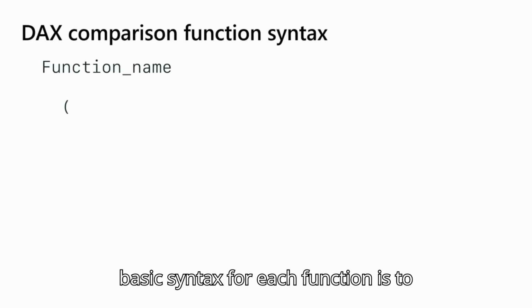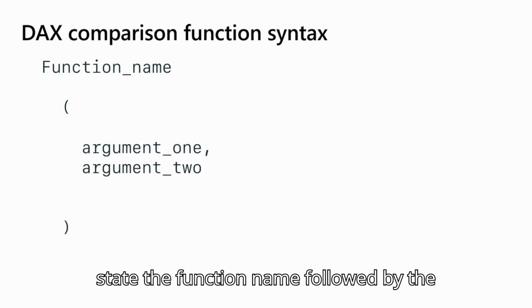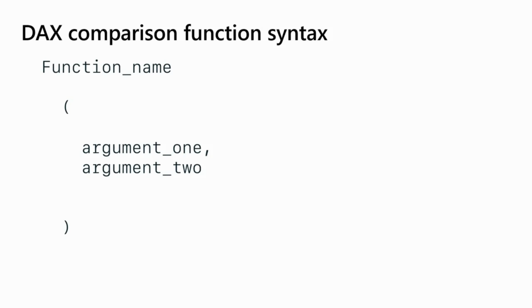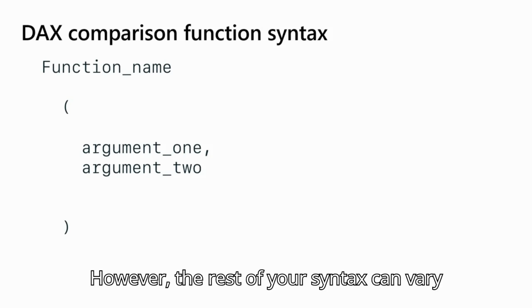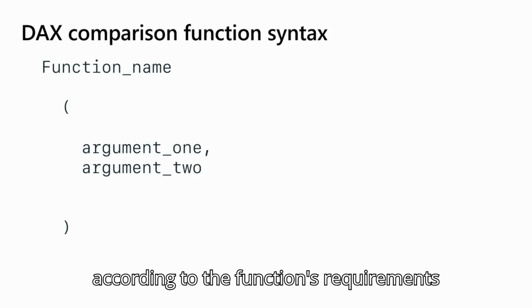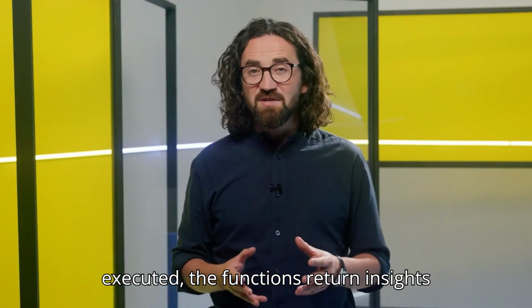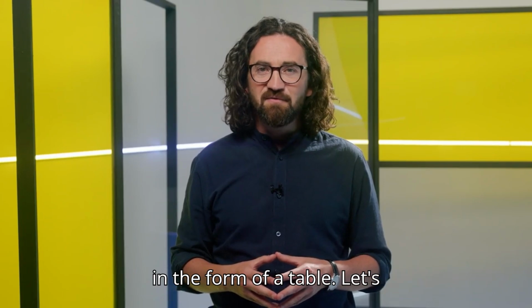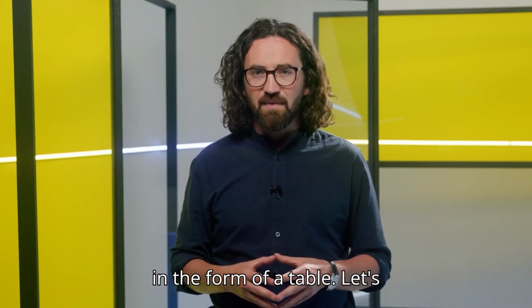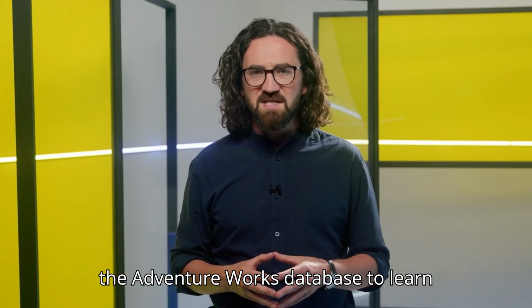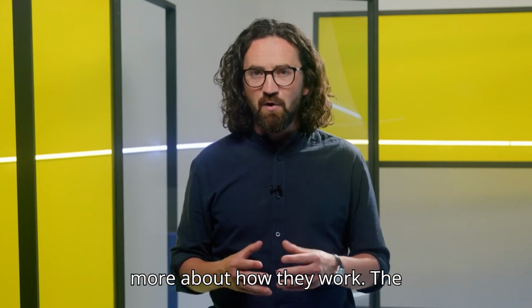The basic syntax for each function is to state the function name followed by the required arguments in parentheses. However, the rest of your syntax can vary according to the function's requirements and your analytical needs. When executed, the functions return insights in the form of a table. Let's explore an example of each function from the AdventureWorks database to learn more about how they work.